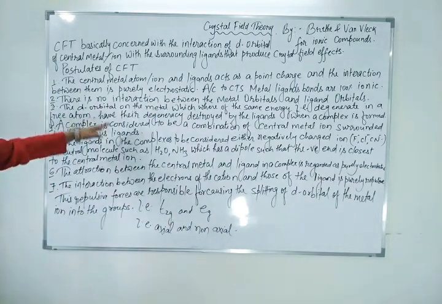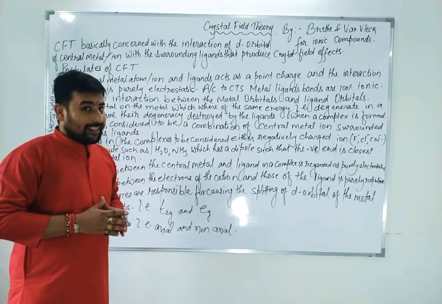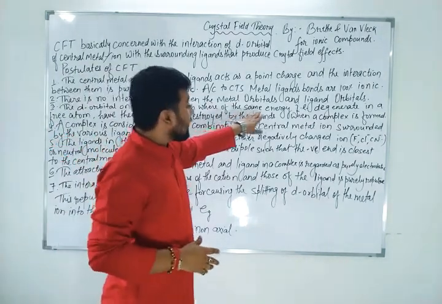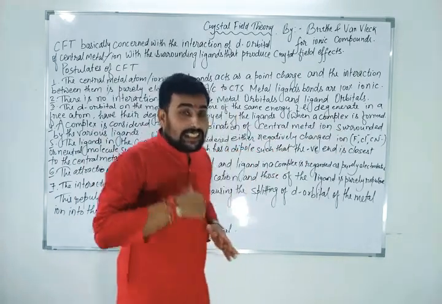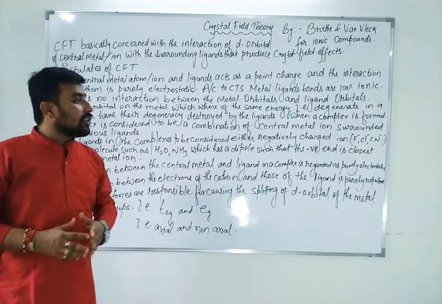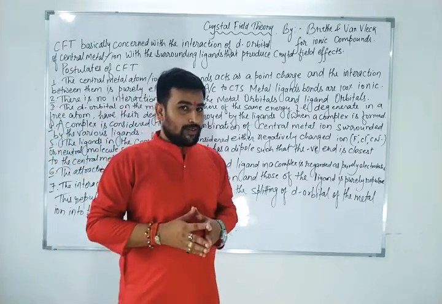Third point: the d orbitals on the metal, which were of the same energy, that is degenerate in a free atom, have their degeneracy destroyed by the ligands when a complex is formed. What does it mean?